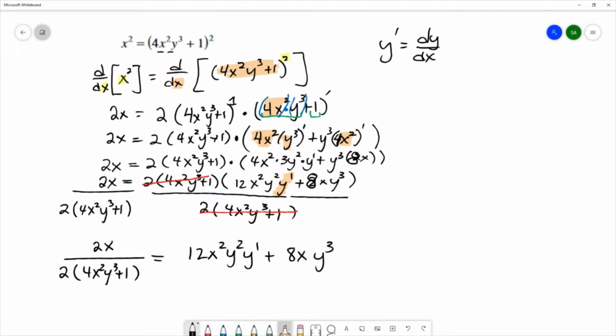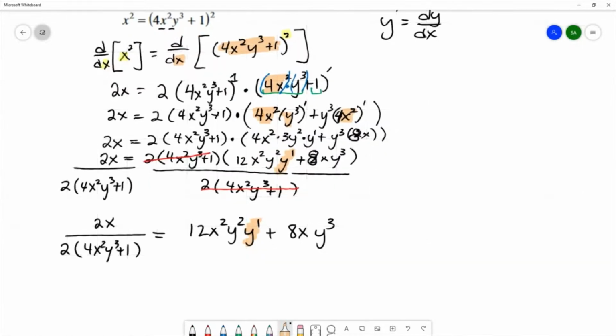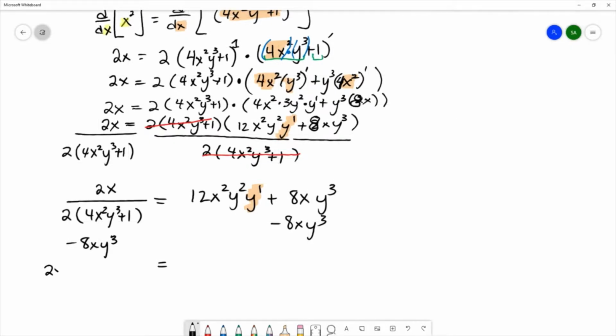So I'm still working to try to get this y prime by itself. And I would subtract 8xy cubed. That leaves me with 2x over 2 times 4x squared y cubed plus 1 minus 8xy cubed equals 12x squared y prime.